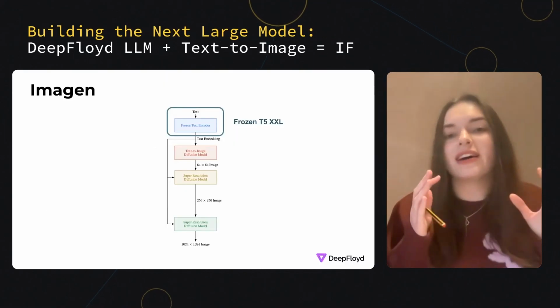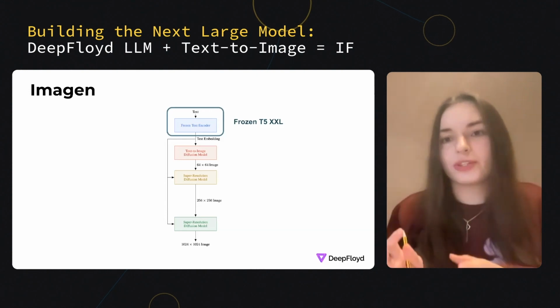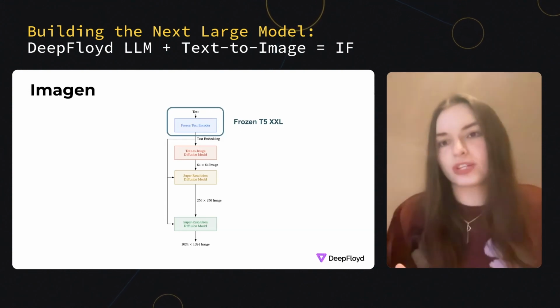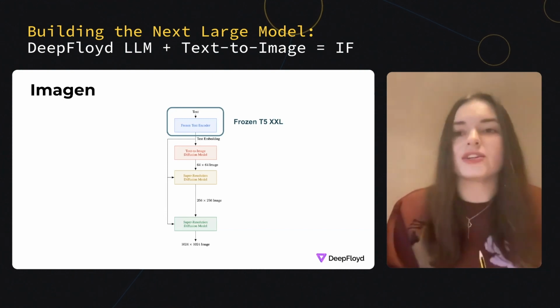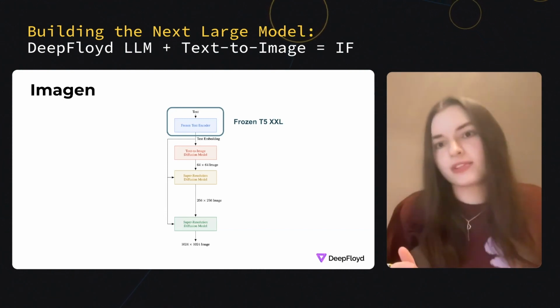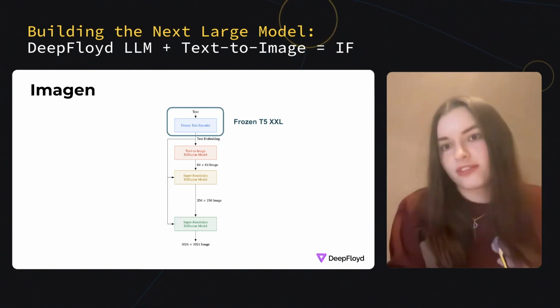So there is another idea with the model called Imagen. They take the T5-XXL language model. It's a great, huge language model, which was trained on a great amount of data on the C4 corpus, and they use it as a text encoder.